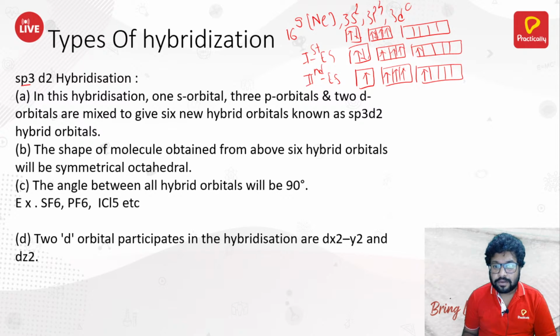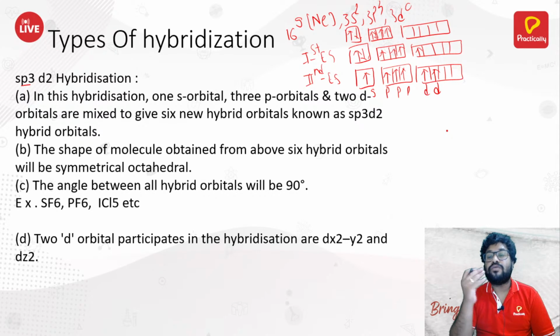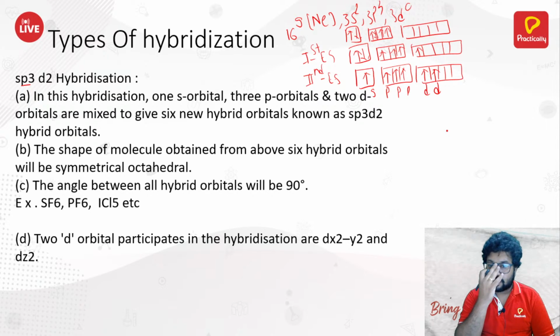And now you have 1 s, 3 p and 2 d orbitals. So all of them mix together, since the 6 orbitals get mixed together, you get 6 hybrid orbitals.